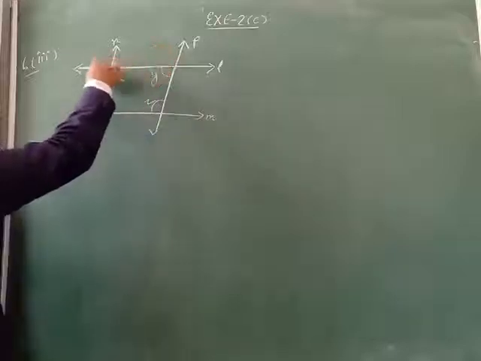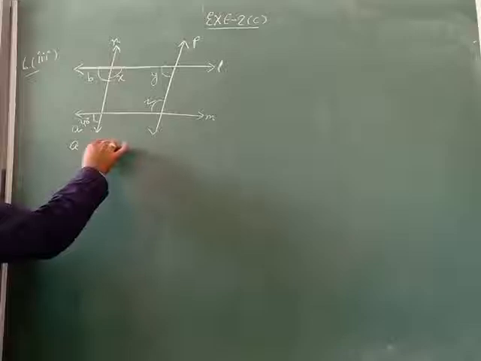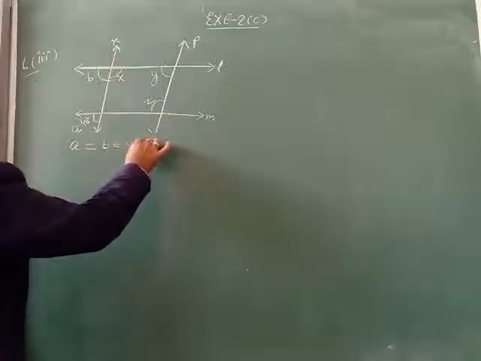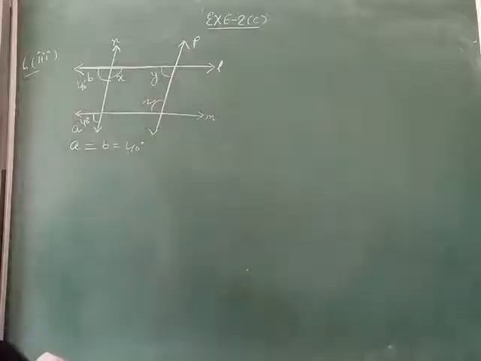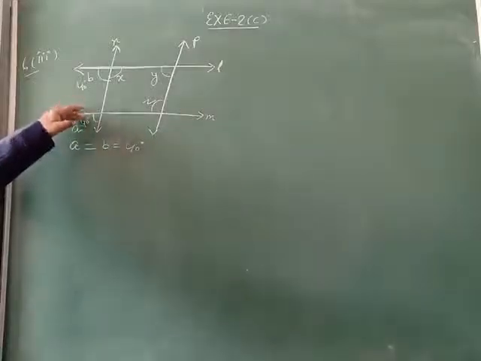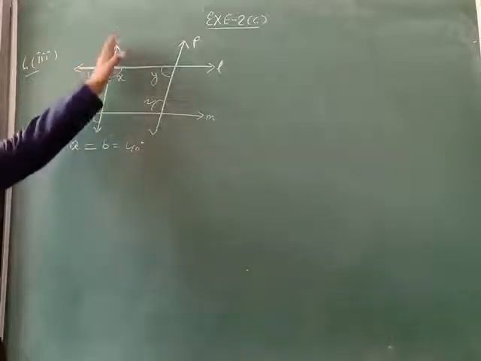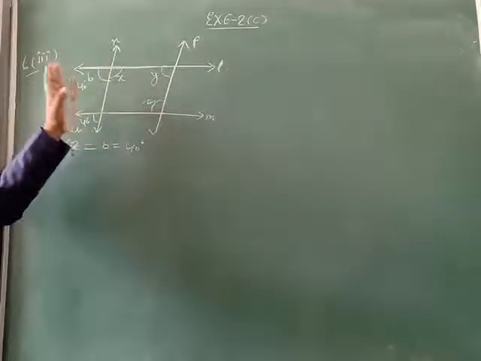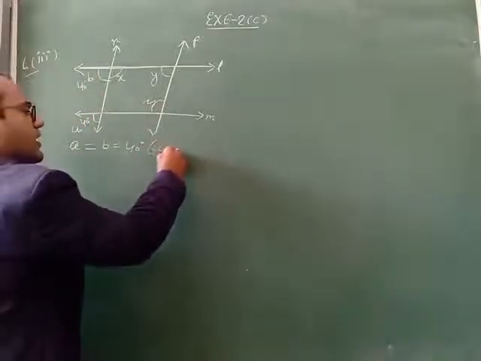So under this parallel line, angle B is there. So we will say A and B both are 40 degree, because these two angles are coming in the bottom of these two parallel lines, and both are on the same side of the transversal. Such angles are known as corresponding angles.